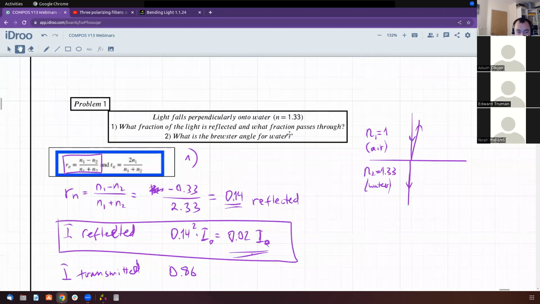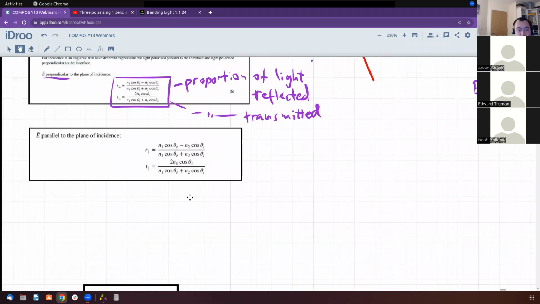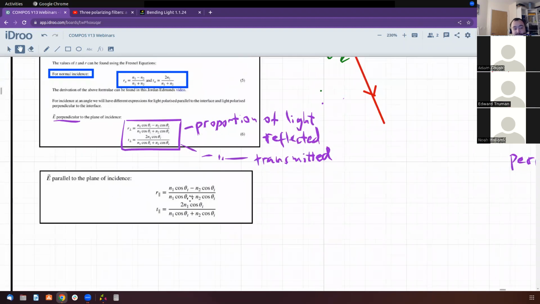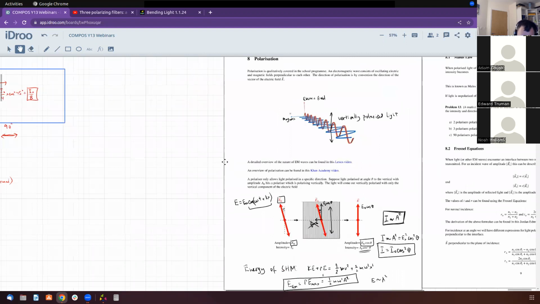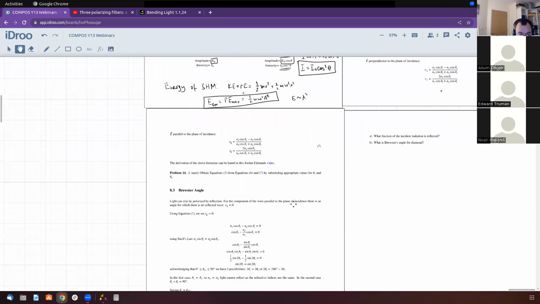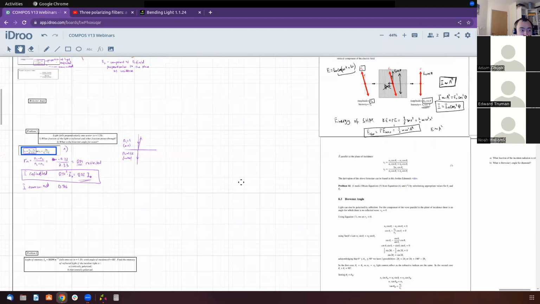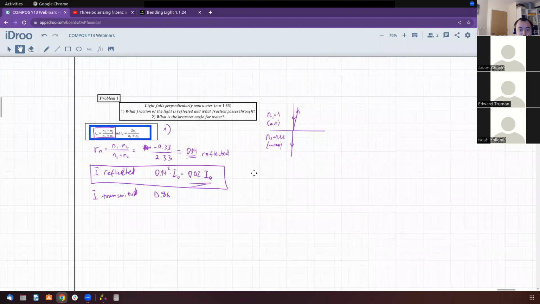Now, before we try to answer the next question, the Brewster angle for water, we look at these two. When light is reflected from a non-conducting surface, and that's important, the light can be polarized. It will be polarized horizontally.